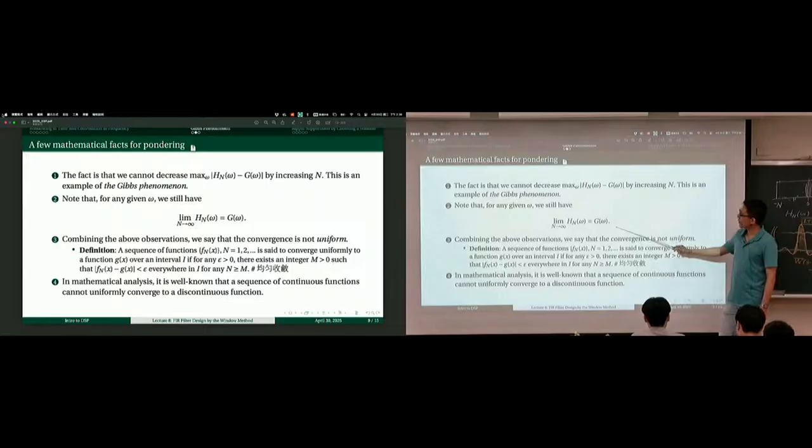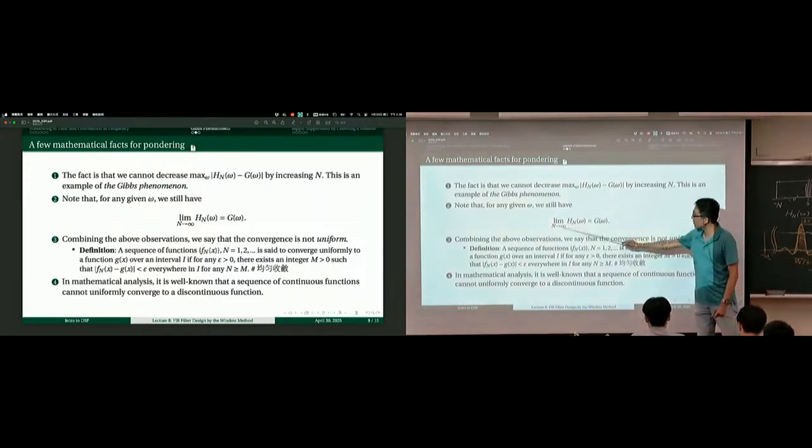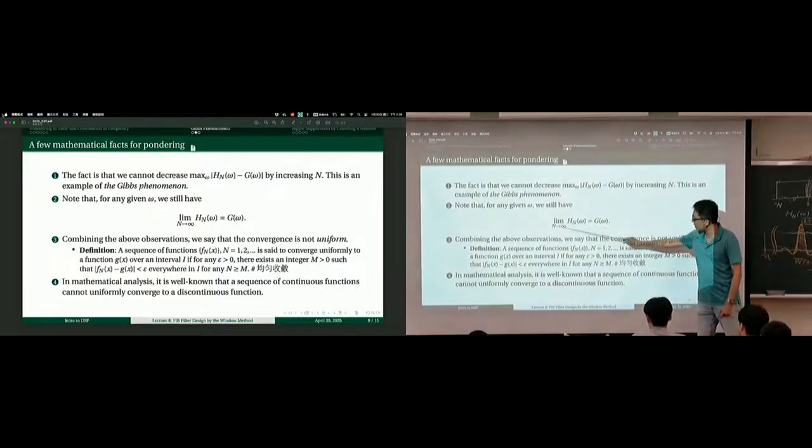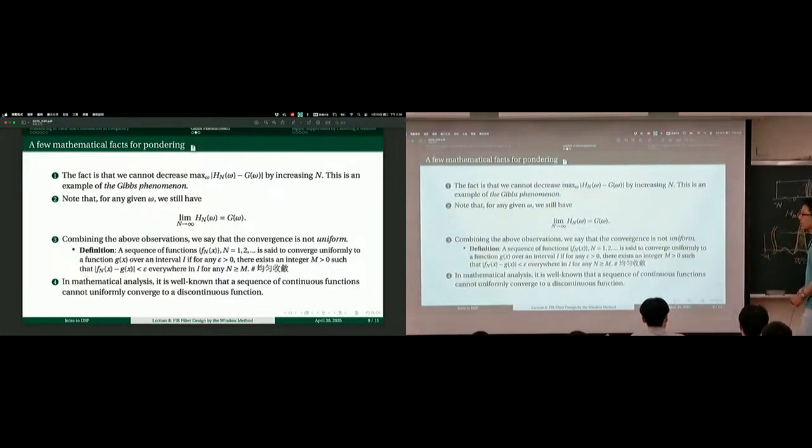Is it still true that as n approaches infinity, if we evaluate our design at a frequency and compare that to G, the equality holds? Yes or no? Yes. No. Okay, so we have diverse opinions.